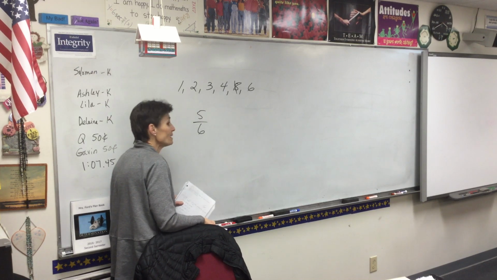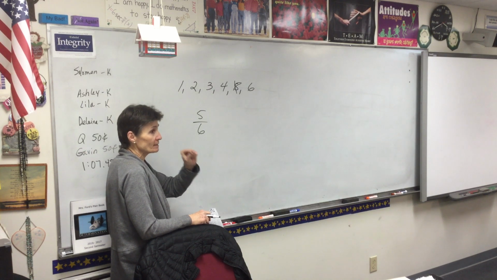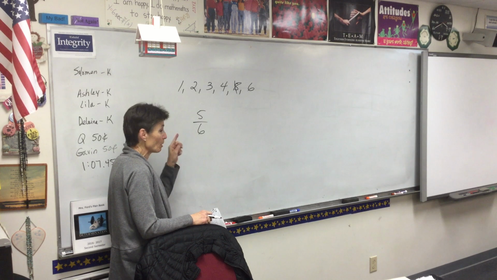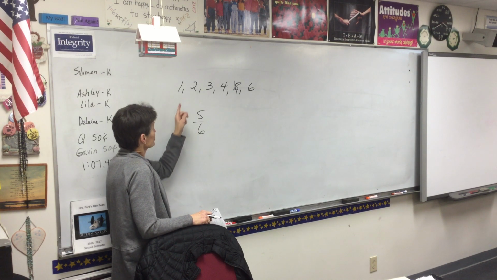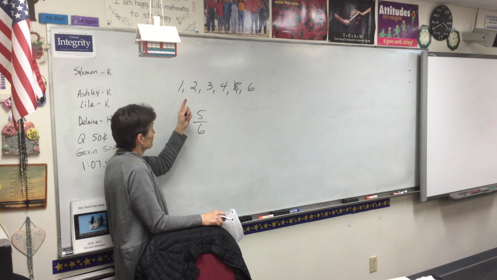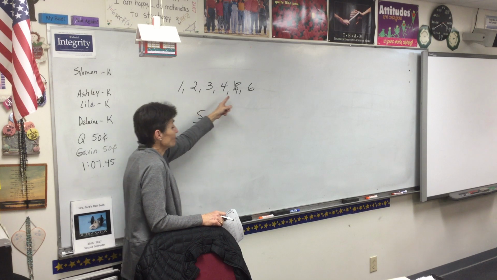A prime number. Now remember, from now on, you're expected to know 1 is neither prime nor composite. 1 is not part of the conversation. So of the remaining ones, which ones are prime? 2, 3, and 5.